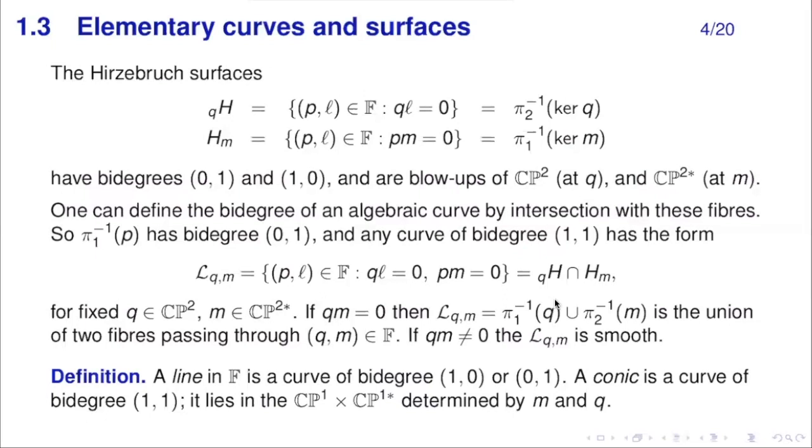So a conic is really, instead of lying in P2 cross P2 star, it lies in P1 cross P1 star. And so later on, we'll be trying to count the number of these conics in surfaces. So this is really the key definition for what I'm going to say later, particularly the conic.